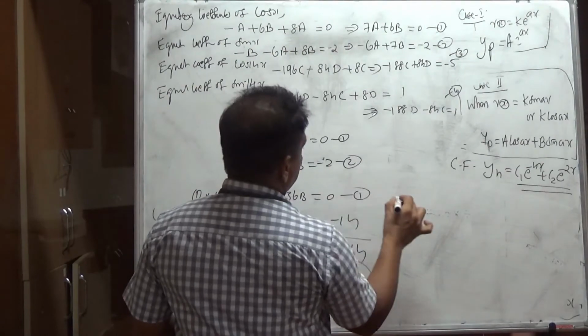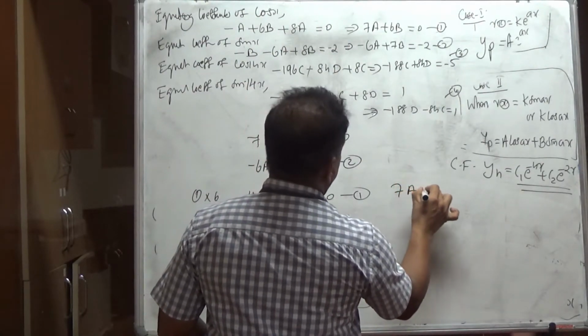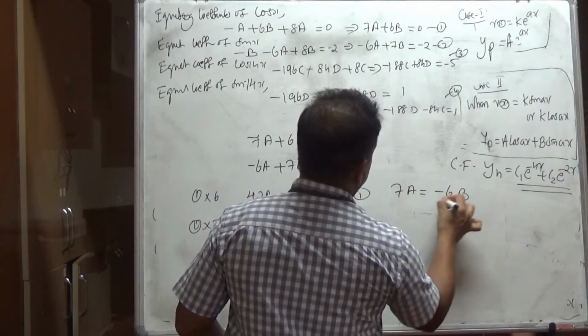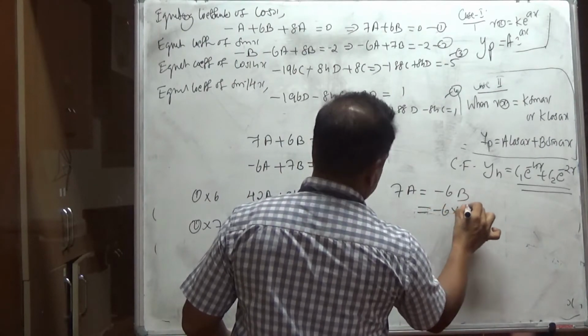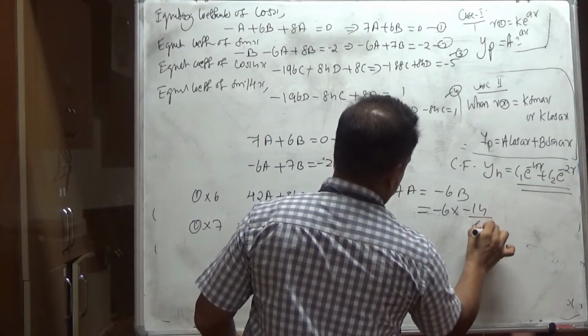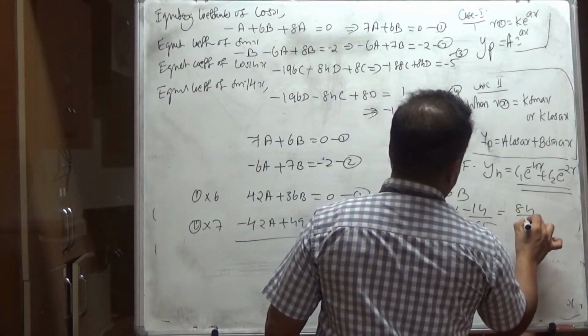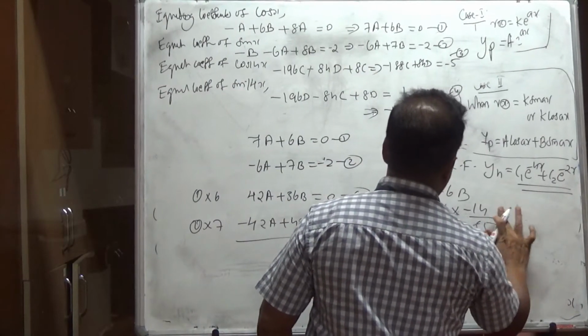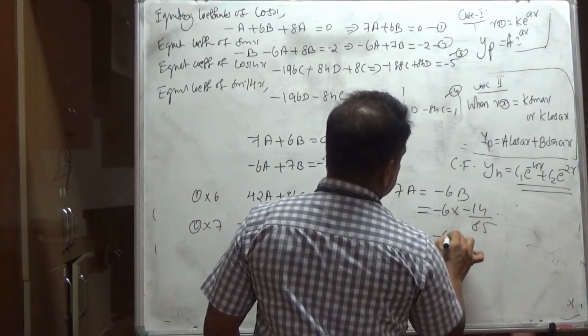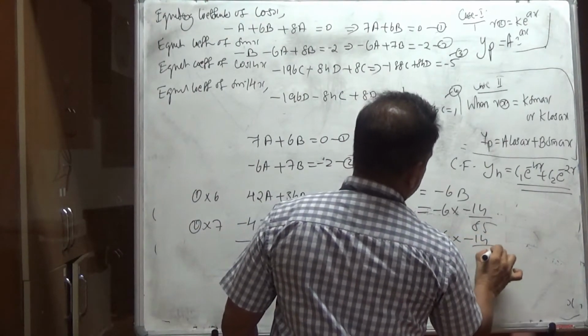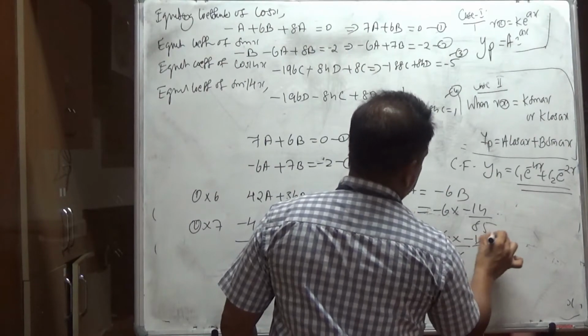Then for the value of a, 7a is equal to minus 6b, which is minus 6 into minus 14 by 85, divided by 7.